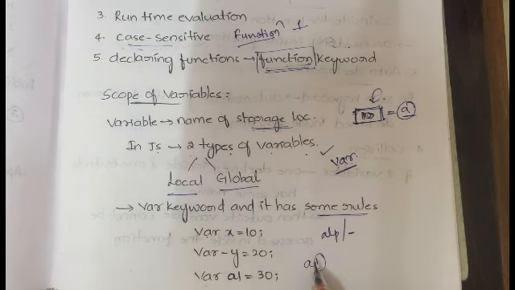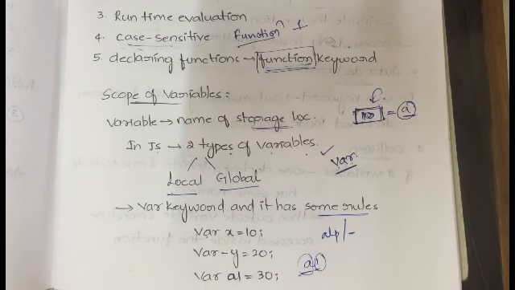You can use numbers in the second position or in the third position, but you cannot use numbers or special characters in the first position. These are simple rules that we have for variables, like in other programming languages also. That's not so important. Of course it is important, but you know this already. So a variable is nothing but a name of a storage location.